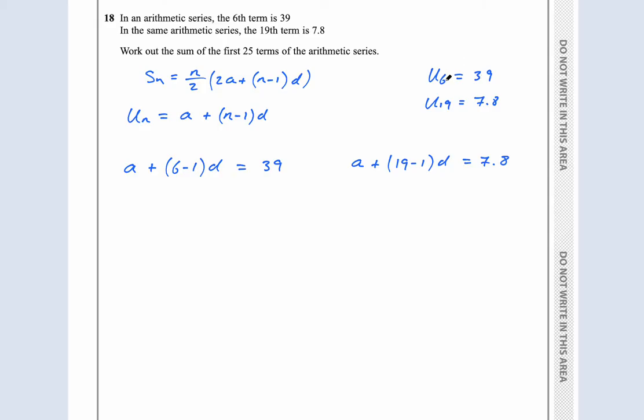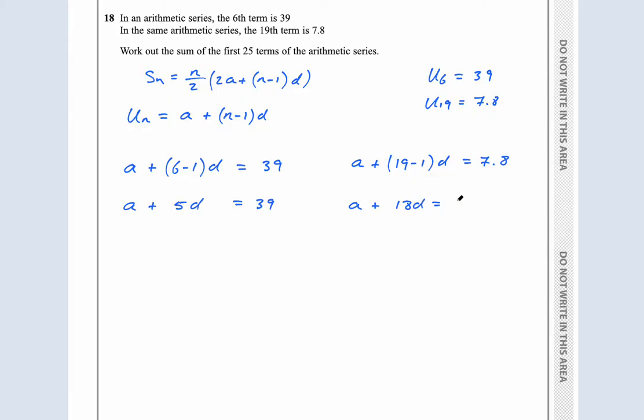So what I've done is I've subbed 6 in for n and made it equal to 39, and I've subbed 19 in for n and made it equal to 7.8. Then I can simplify this equation a little bit. 6 minus 1 is 5, and 19 minus 1 is 18.